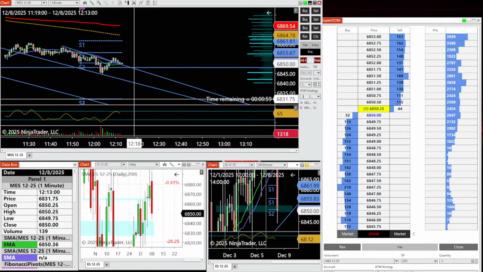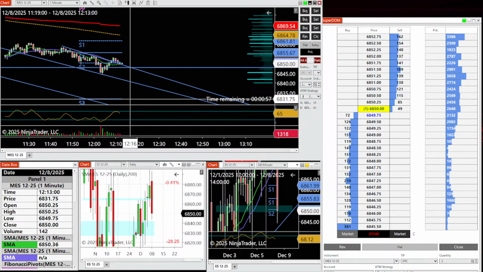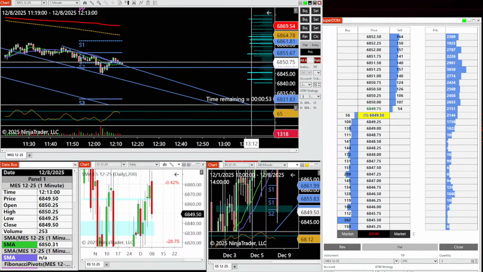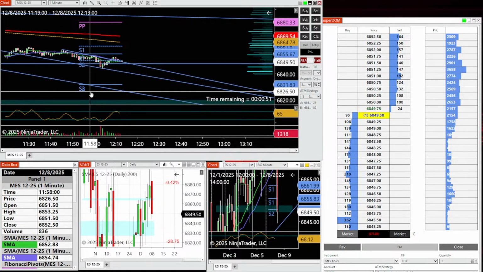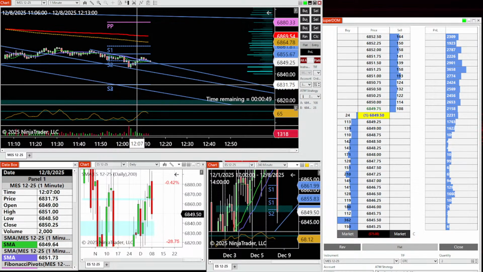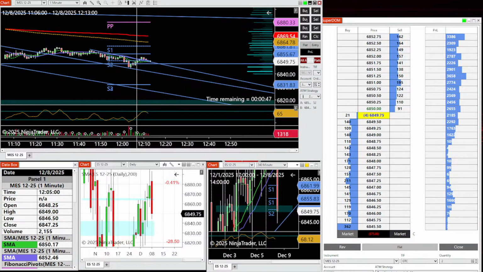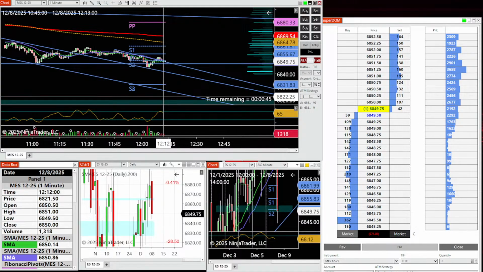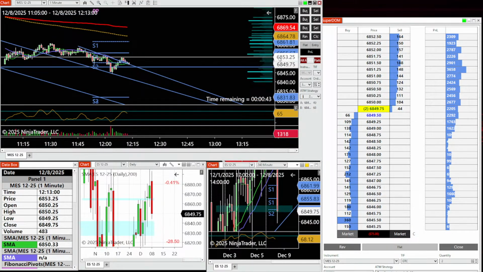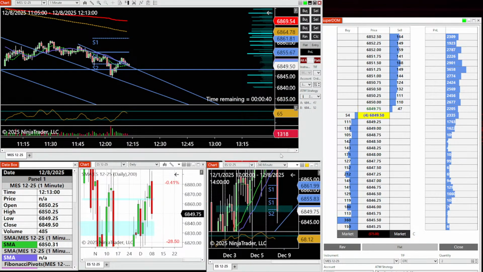Now we're inside the channel. Not saying we're gonna get here, but we're inside the channel. The pivot, the S3, is inside the channel. And we have stochastics rolling over. This might be the rollover. Might be. Not saying it is.